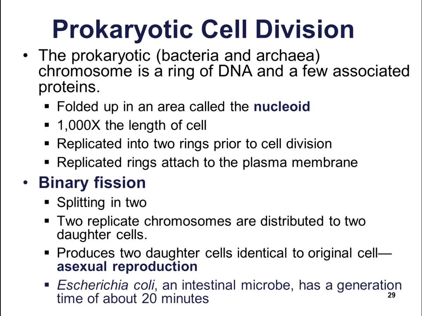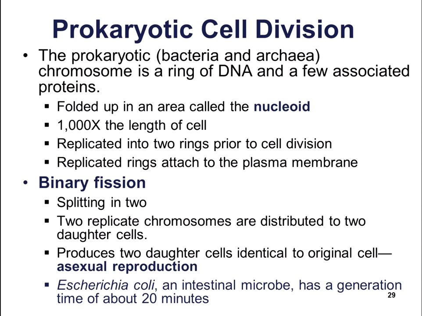So we just talked about eukaryotic cell division. We need to also mention prokaryotic cell division, because the prokaryotes, the bacteria and the archaea, do something a little bit different. The prokaryotic chromosome is a ring of DNA and just has a few associated proteins.